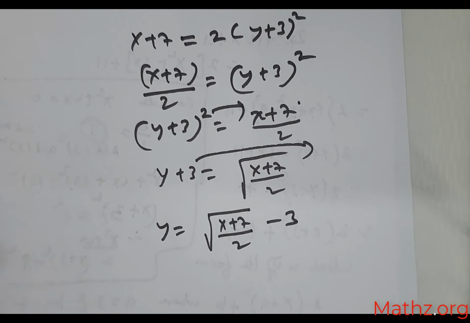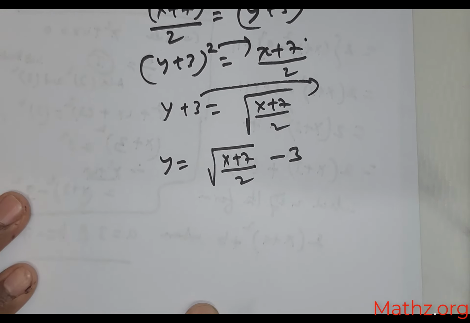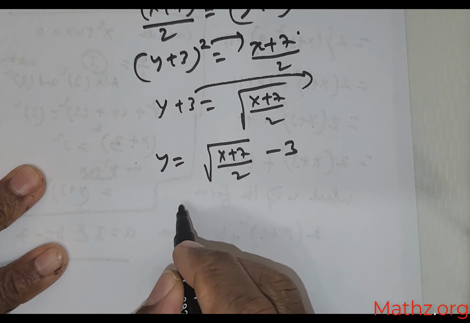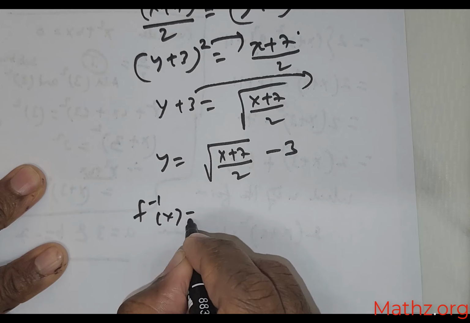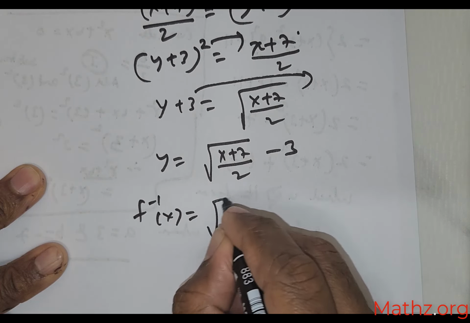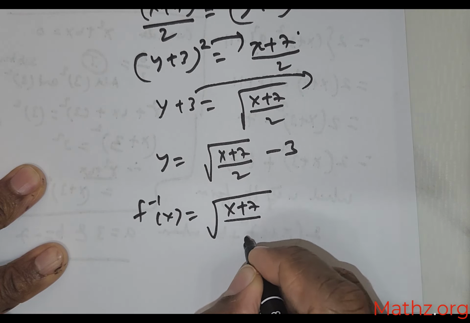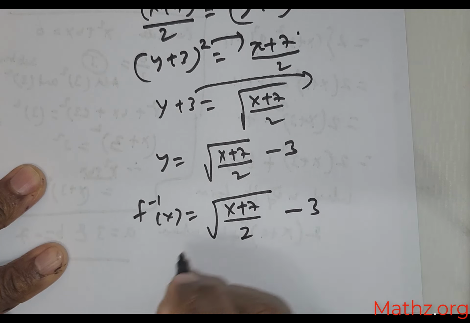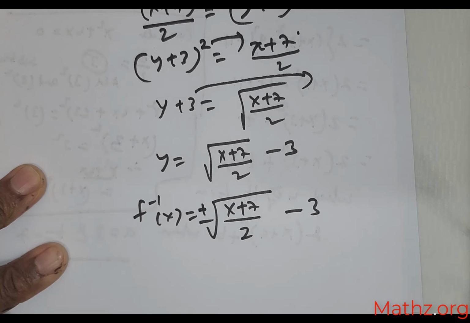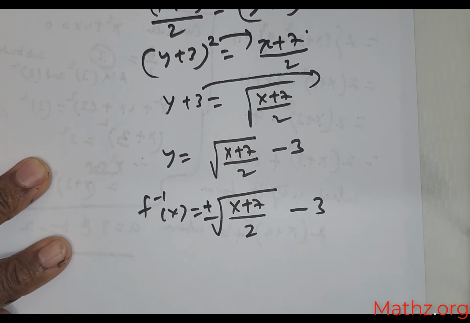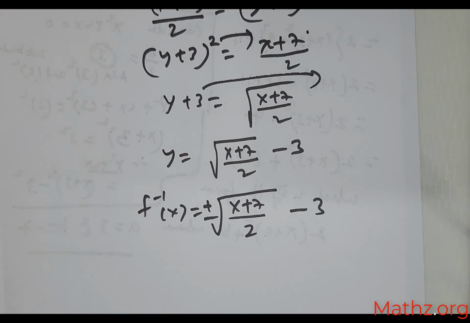Right, now we need to see something. So this is going to be my f inverse of x: the square root of (x + 7) divided by 2, - 3. Now since I've got a square root, you have a plus and a minus. Now we need to calculate the domain.